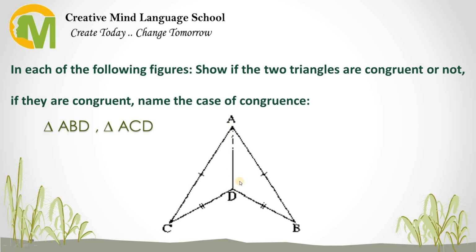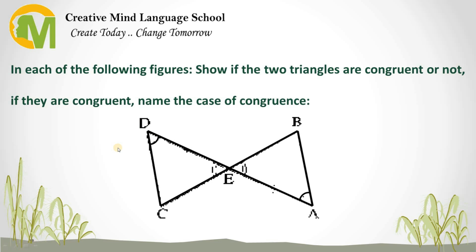Then AD is equal here and there. AD is a common side between the two triangles. It should be counted as two equal sides. So this is the case of, very good, side, side, side, or triple S. And then we write triangle ABD is congruent to triangle ACD, and the case is SSS, or side, side, side.